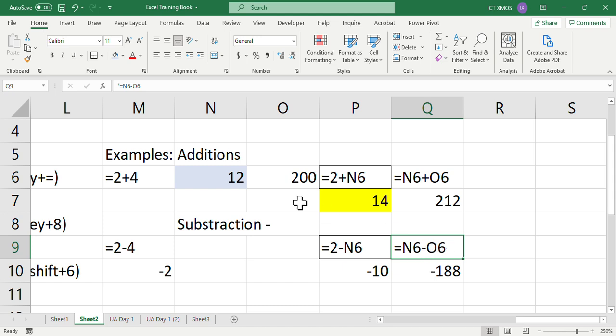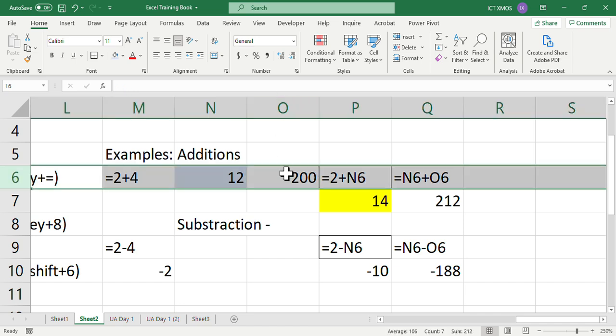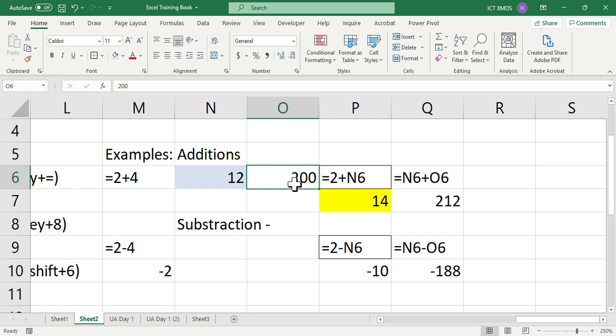So N6 minus O6. Under this column O is 200. So we are not saying O200, we are saying O6 because it's on row 6. What is inside O6 is 200.